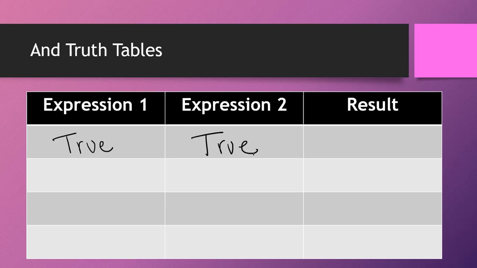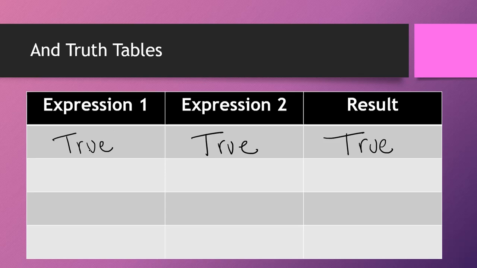Let's say it's sunny outside and I don't have class. Remember, and requires both things to be true, and since both are true, my result, if I connected those two expressions with an and, would also be true.